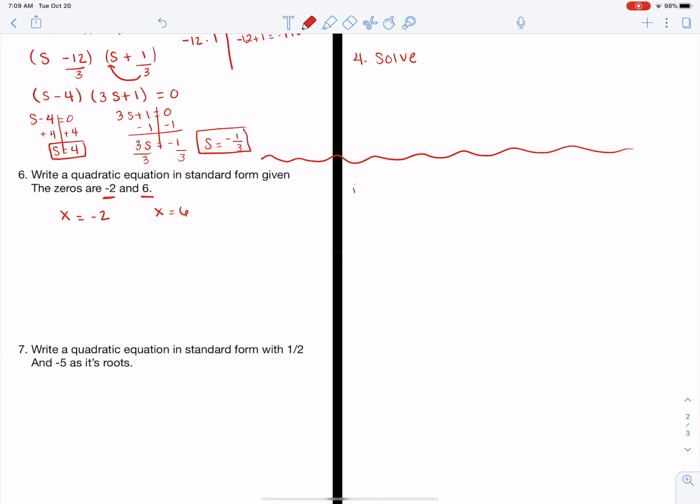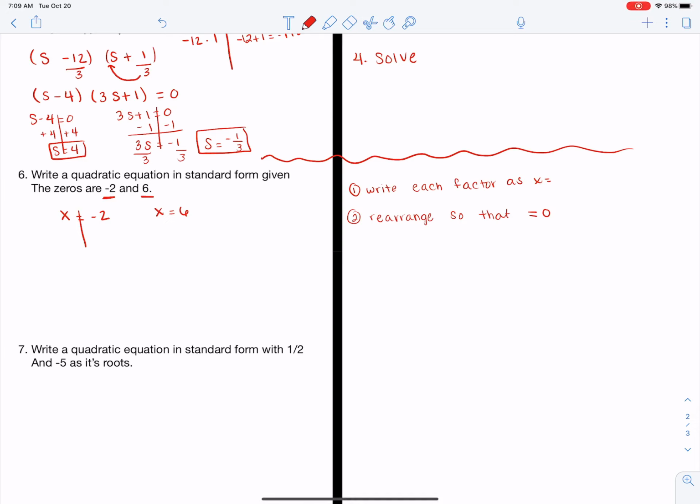So first, write each factor as x equals. Okay, we've done that. Step 2, solve, or I guess rearrange is better, we're not really solving, but rearrange the equation so that you have something that equals 0, okay?